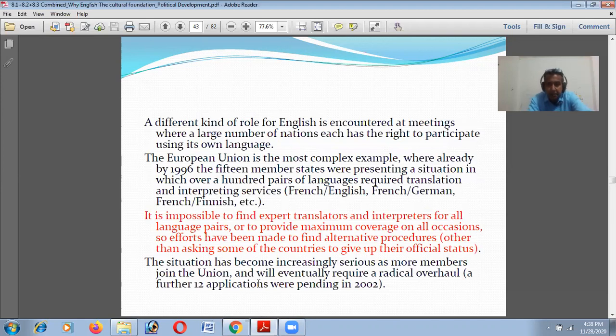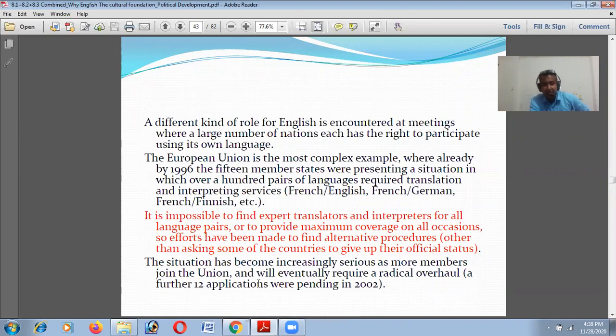So it is impossible to find expert translators. So there is an issue that comes forward: they can avoid English or a common language for global communication if they can translate the proceedings into other languages.